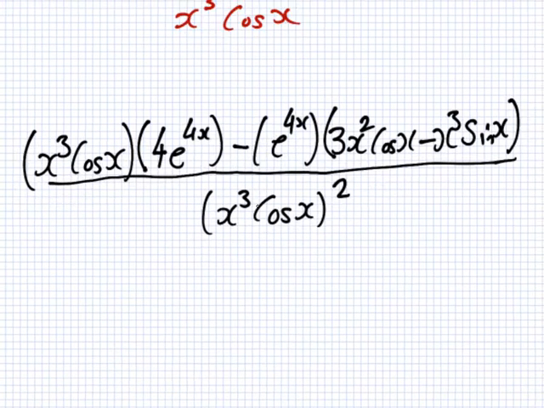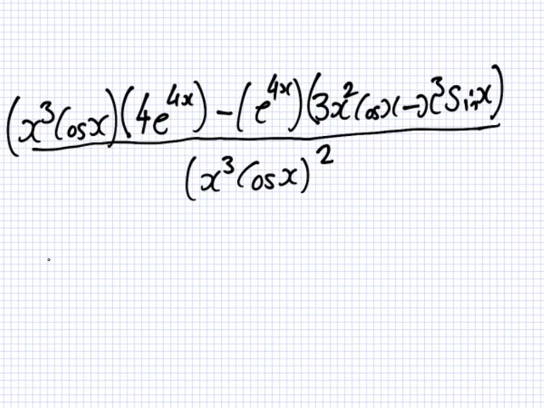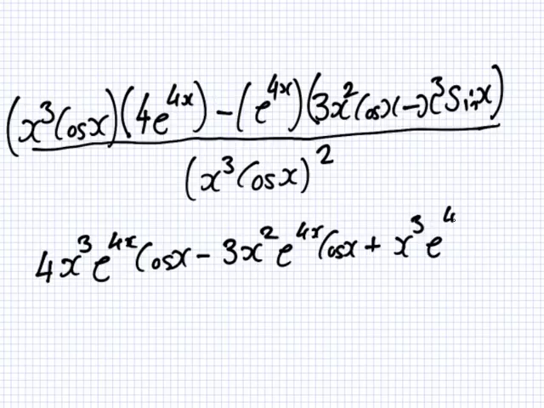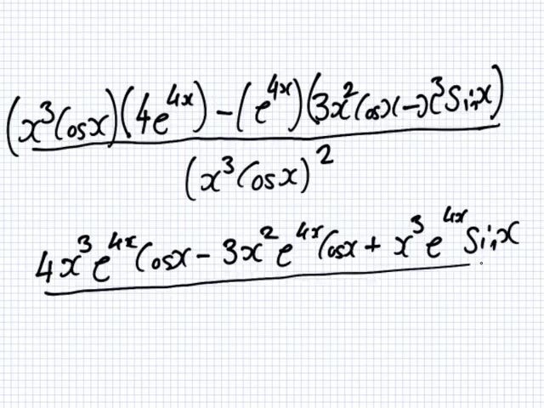So our job now is to clean this up. We'll have 4x cubed e^4x cos x minus 3x squared e^4x cos x plus x cubed e^4x sin x, all over x^6 cos squared x.